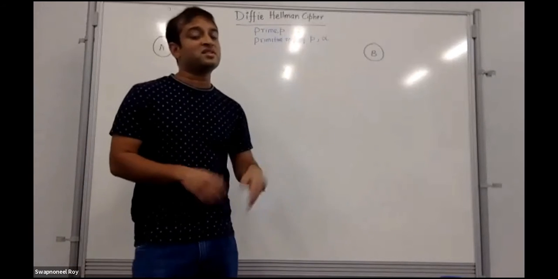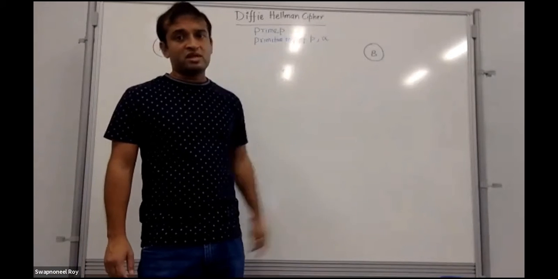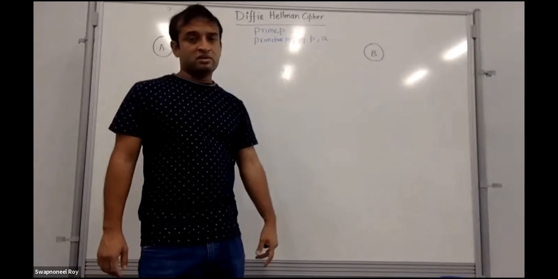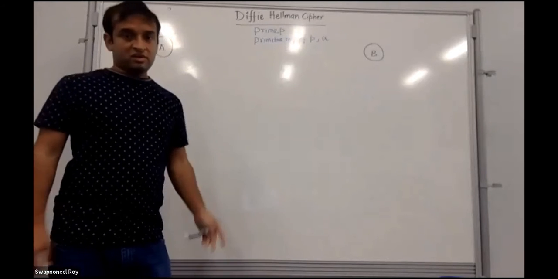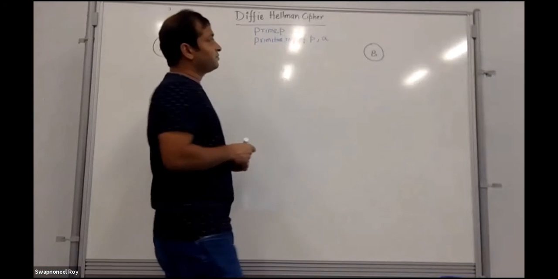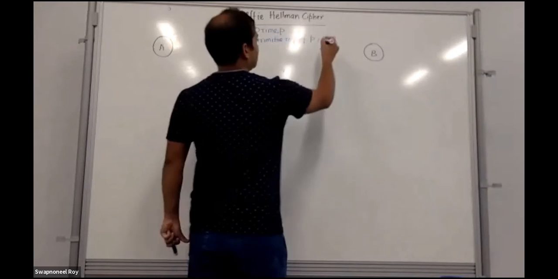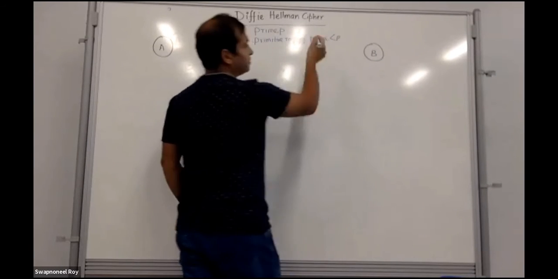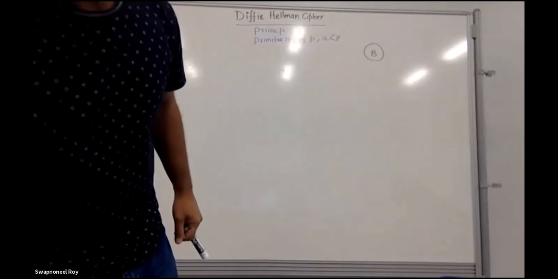Let's see the cipher first, and then we will come back and explain what primitive roots are and why it is important for us to use a primitive root in this case. What will happen if we do not use a primitive root? And of course, alpha will be less than P. A prime P and a primitive root alpha that is less than P.